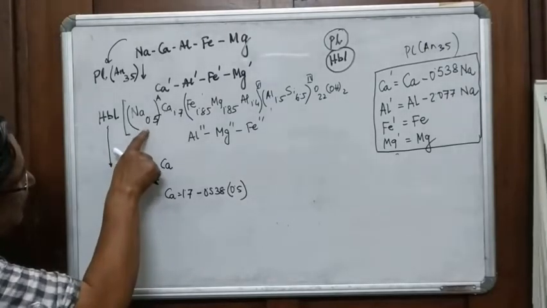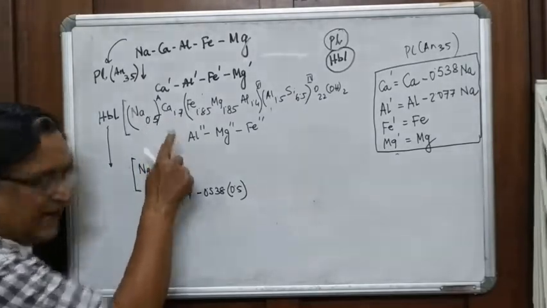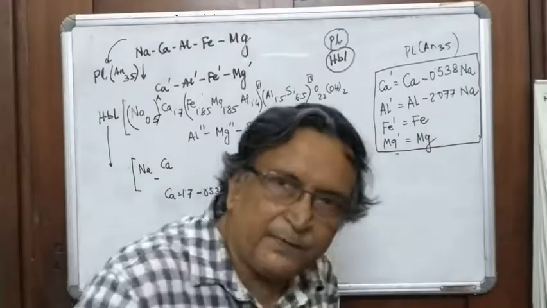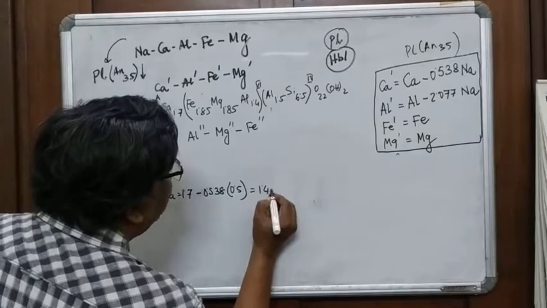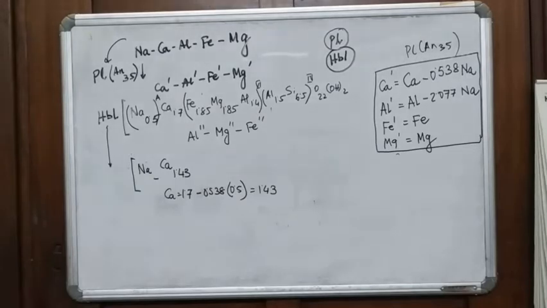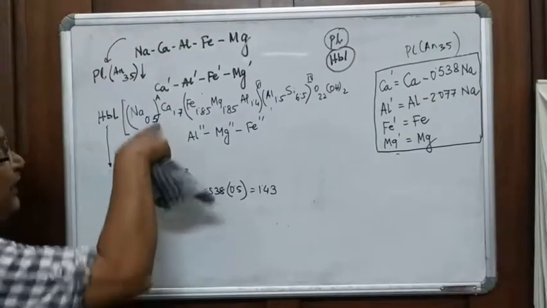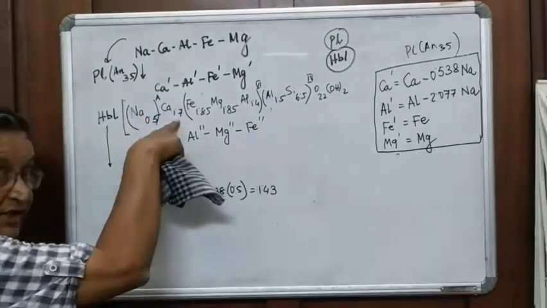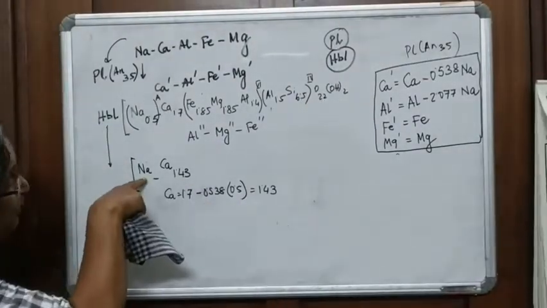For this removal of sodium, this calcium 1.7 loses a part of calcium, because that is what is lost when you're projecting with plagioclase. And this value now comes to 1.43. According to my calculations, yes, it's 1.43. So sodium has become blank, your calcium has become 1.43. It was 1.7, but this amount has been removed because of 0.5 sodium.